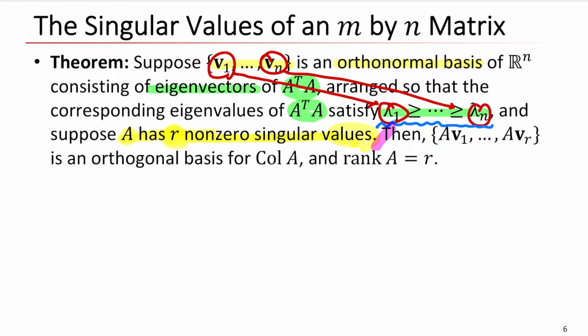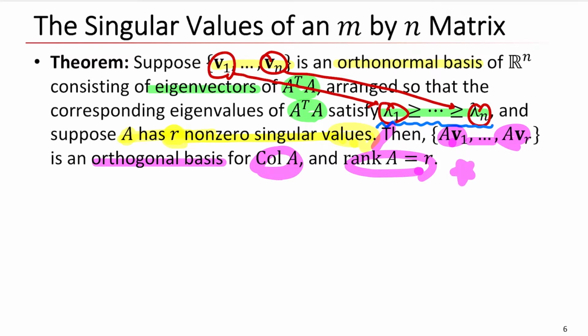Then Av1 through Avr is an orthogonal basis for the column space of A, and the rank of A is equal to r. So this is just one theorem.